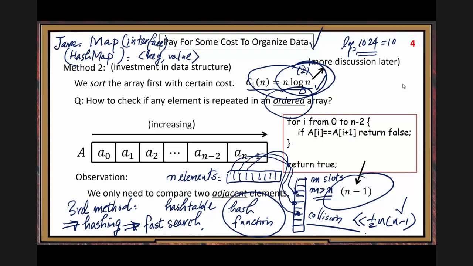You return. In that way, you only need at most n comparisons, because you only need to go through from beginning to end once, without sorting. When you have a collision, you compare two keys, at most n comparisons.